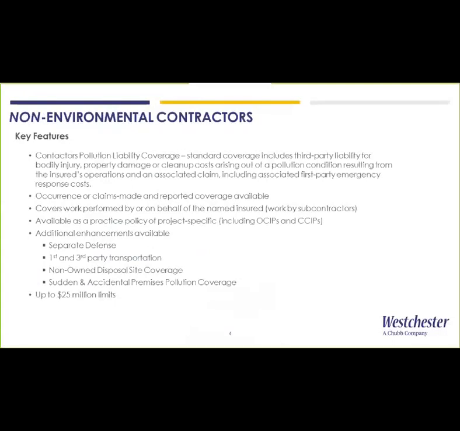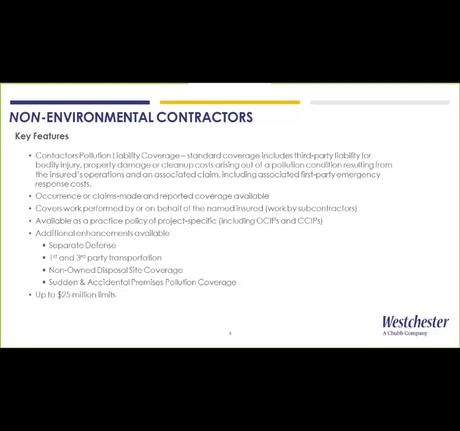We can also do a project-specific policy, which means we wrap the pollution policy around a specific project that requires pollution. And usually the way we do that is we list the contract that it relates to and the entity that contract relates to on the policy. A project-specific policy can be from anywhere from 1 through 15 years.